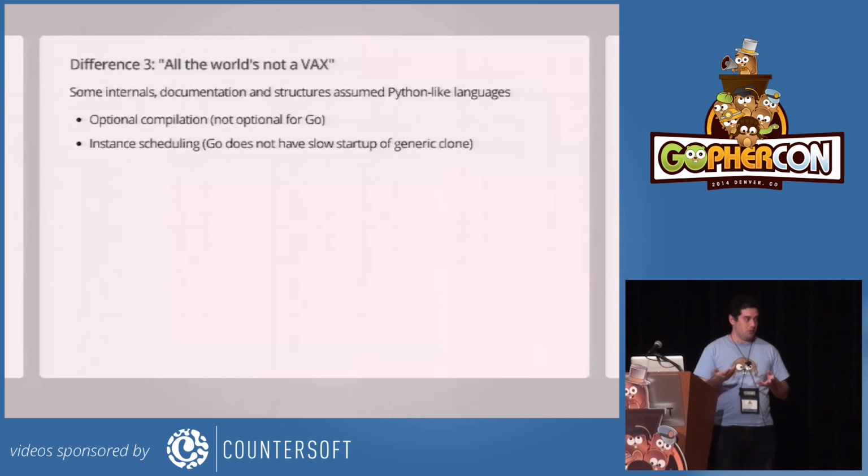So the upload process assumed, well, if it fails, it fails. We'll print a warning message. Your app might not be quite as great as it should be, but it'll still work. For Go, optional compilation is not so optional. So we had to go through and find all the places that assumed that the app being uploaded could be compiled. It'd be nice if it compiled, but we had to nail those down and make things not so optional.